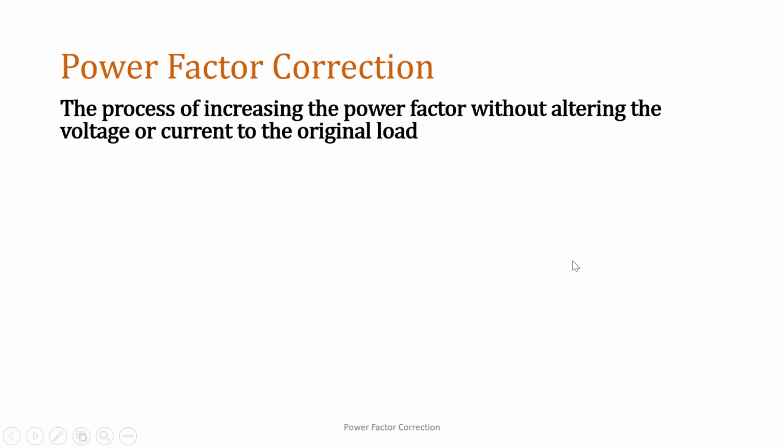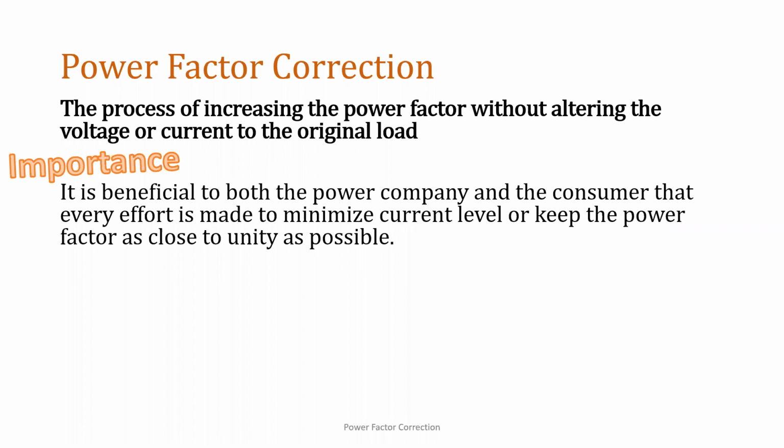Again, increasing the PF, without changing any of the voltage or the current going to the load. So what is the importance of doing this? If power factor is high, that means most of the real or useful power is being delivered to the load.